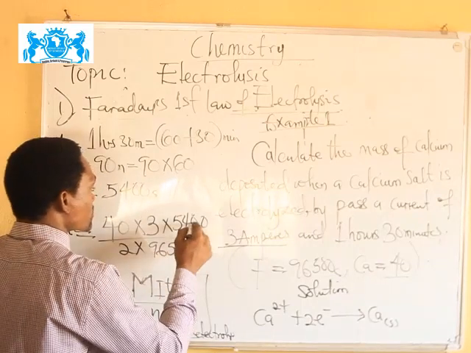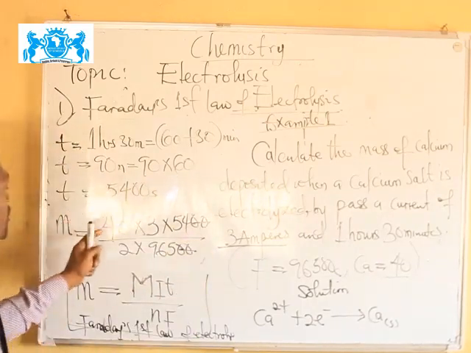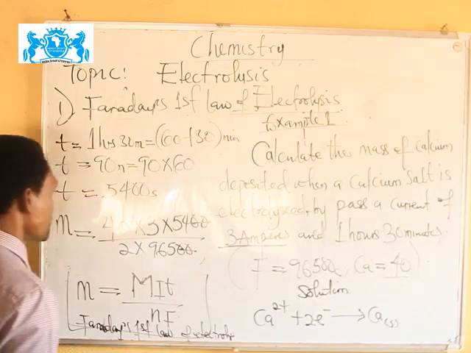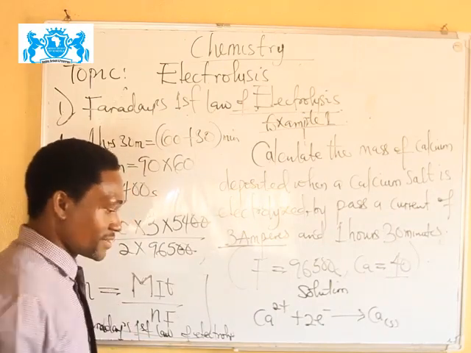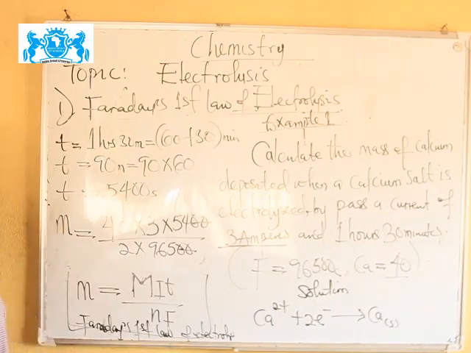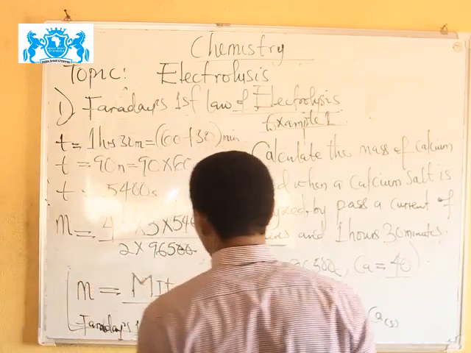So these zeros take care of these zeros. When you multiply and divide, you get the mass of the element deposited.